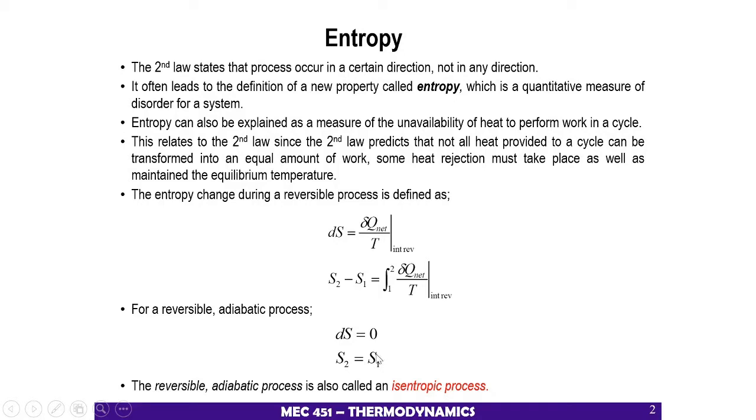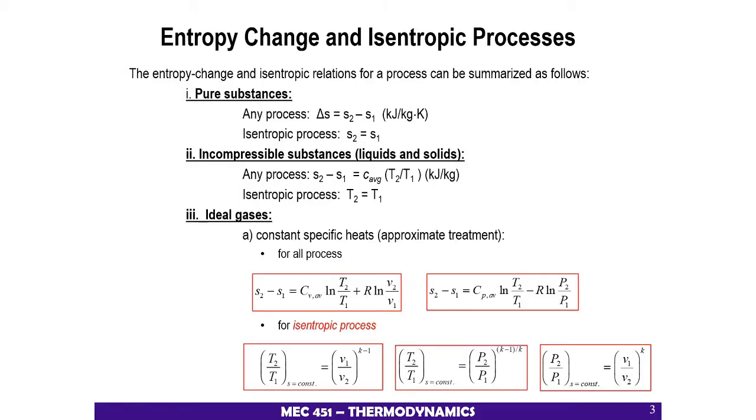So the reversible adiabatic process is also called an isentropic process, because we have the same entropy. For reversible adiabatic, the final entropy is equal to the initial entropy. Entropy change and isentropic process.